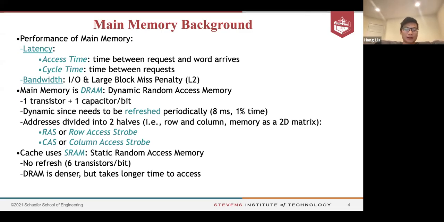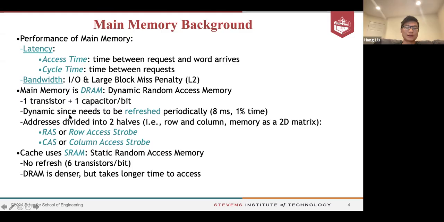Main memory is typically made of DRAM. DRAM is dynamic random access memory. It contains one transistor and one capacitor. This transistor is a gating transistor.